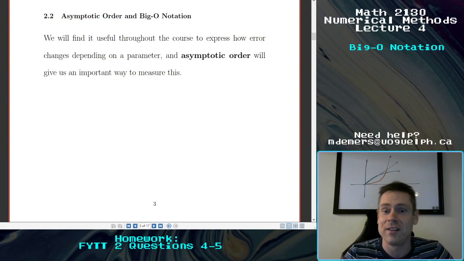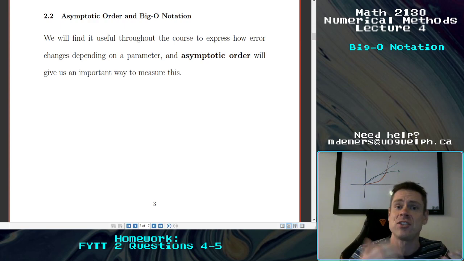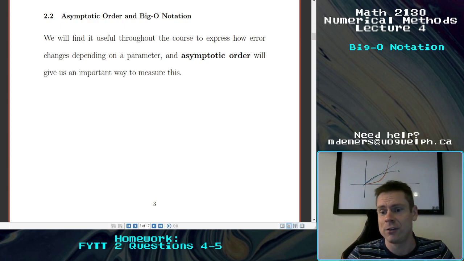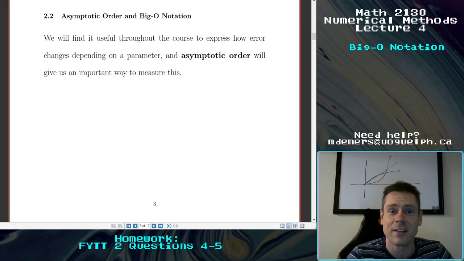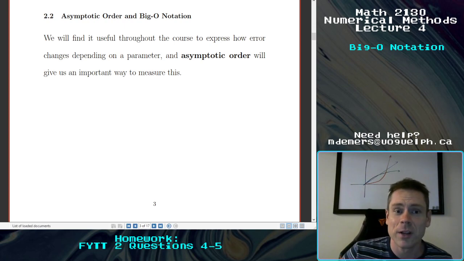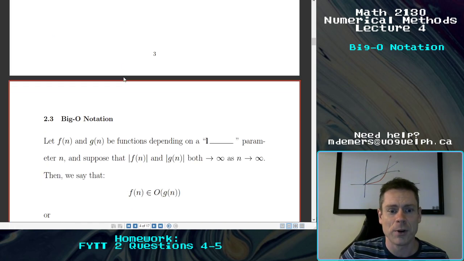That tool that we're going to need to describe how a function is changing as it grows very large or very small, etc., is actually something that's called big O notation, which is somewhat less exciting than it sounds at first, but we're going to get into a careful definition as we go forward here.